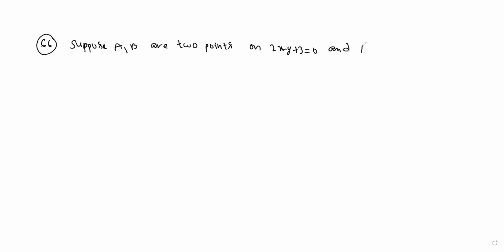Next, one more problem, that is 66. Suppose a comma b are 2 points on 2x minus y plus 3 equal to 0, and the point P(1, 2) is such that PA is equal to PB.